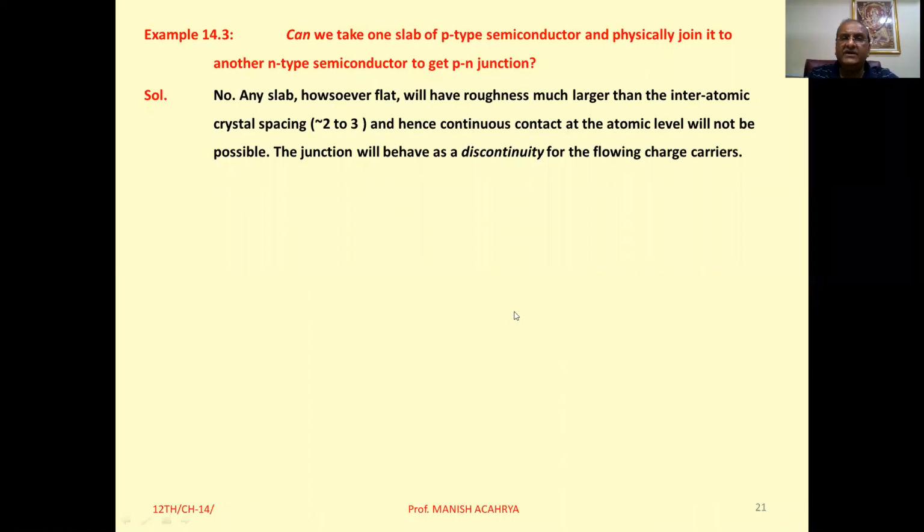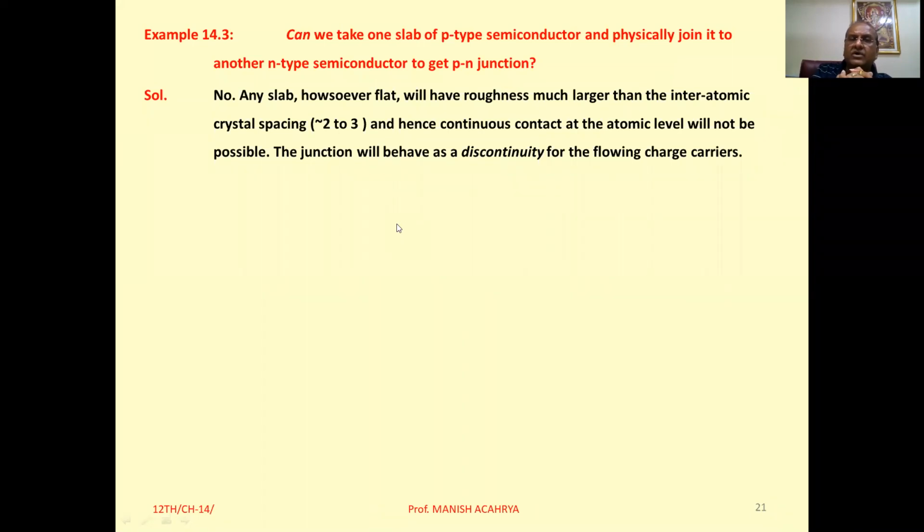Example 14.3. Can we take one slab of p-type semiconductor and physically join it to another n-type semiconductor to get a p-n junction? No, we already discussed this thing at atomic level.